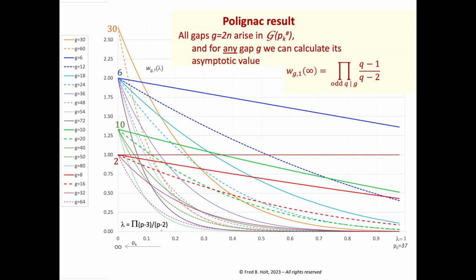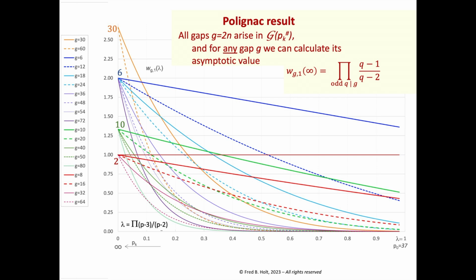That even number will arise as a gap in the cycle of gaps. And even though that gap lies beyond, maybe even well beyond, that bound of 2 times next prime, 2 times p1, so we cannot develop its full model, we are able to calculate its asymptotic value. We can get that first number in the model.